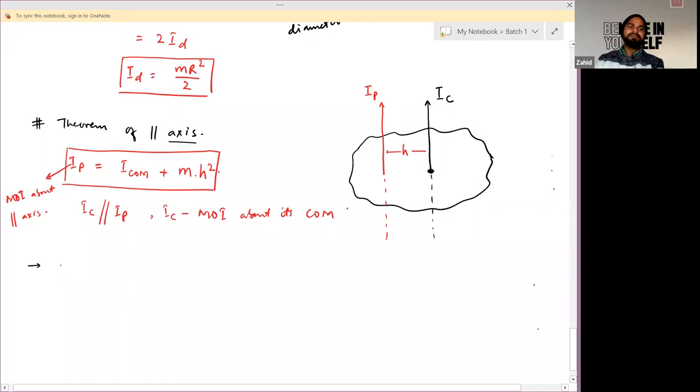Suppose you have to find moment of inertia of a rod from its one end.